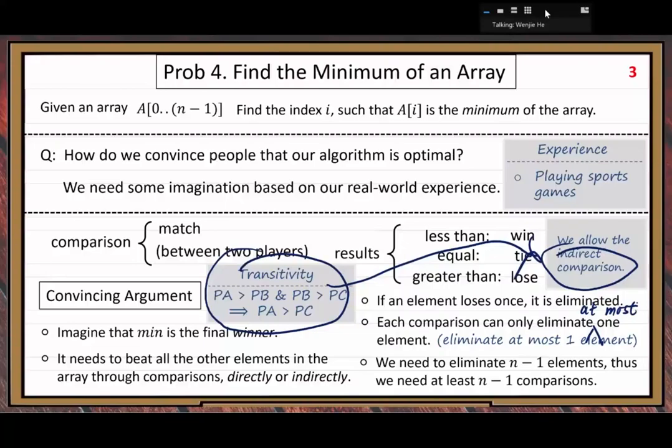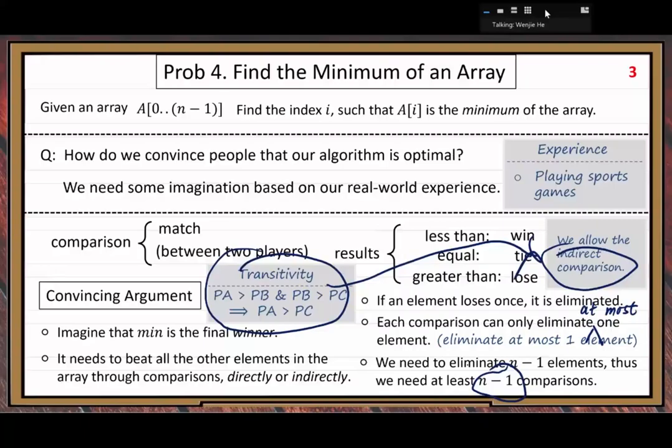So now you can see after this sequence of logical reasoning statements, at the end, you get the conclusion. The best you can do to find the minimum of an n element array is n minus 1 comparisons. You cannot do better than this. Nobody can do better than this. And our current algorithm achieves this efficiency number, right?